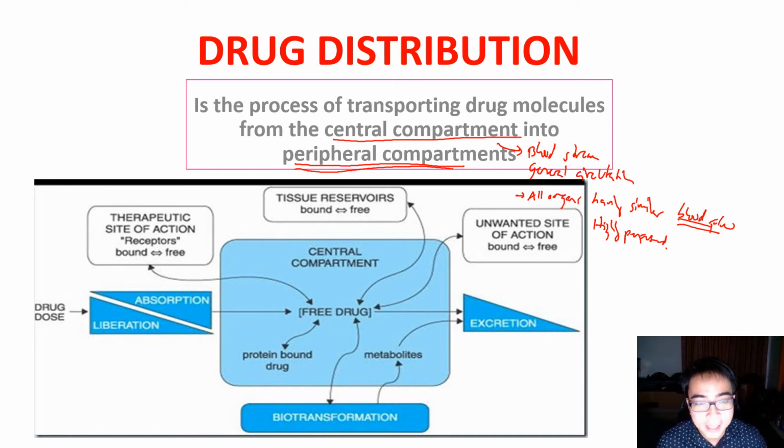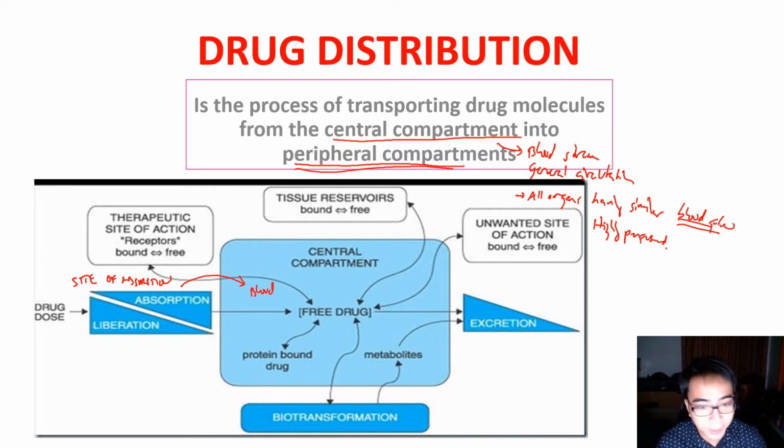But for now, class, if you can remember, absorption is simply the process of transferring the active drug from the site of absorption into the blood.